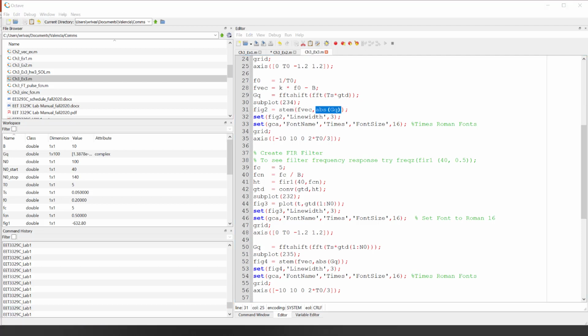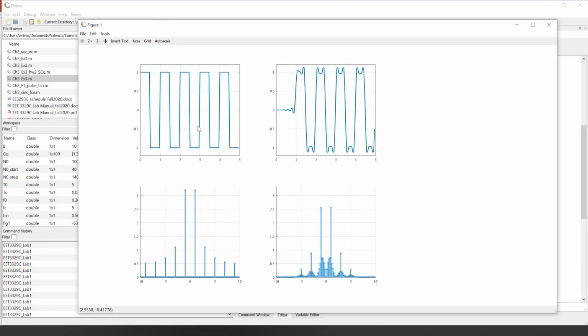So going back to the graph, this is what it looks like, right? So it really does have a sinc function to it, but because I'm looking just at the amplitudes, even if it's negative, it's going to show it as positive. But you can see how it alternates and goes kind of sinc like, but not exactly, right?